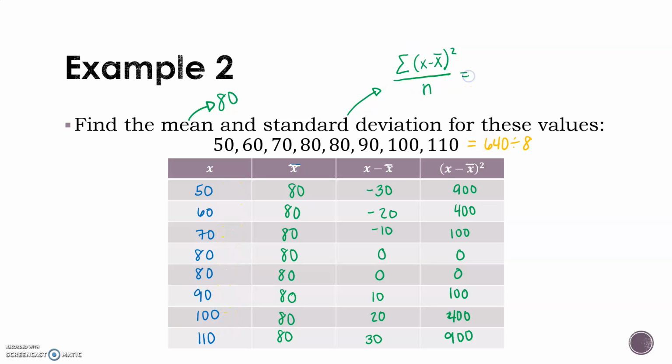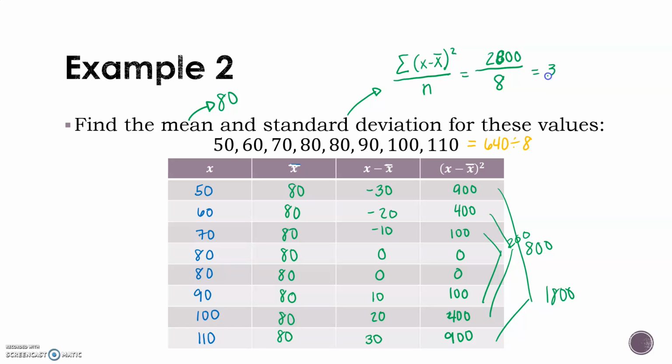When I add up all of these, that would give me 1800 plus 800 and 200, so that would be 2800. Then I'm going to divide by 8, and when I do 2800 divided by 8, I get 350.